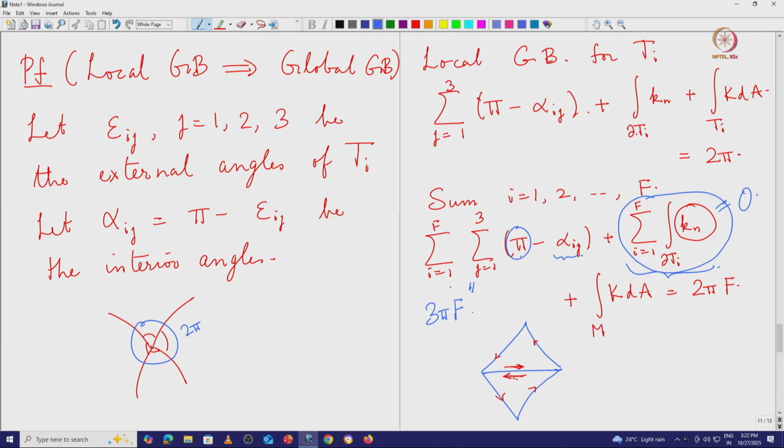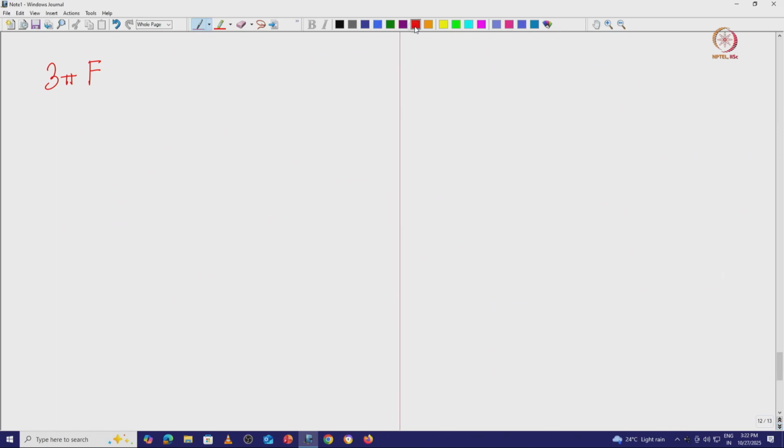So the total will be 2 pi times the number of vertices. Okay. So the first term is basically 3 pi F minus 2 pi V. The second term goes away, as I have explained, and then you have this Gauss curvature term that ought to be equal to 2 pi F.